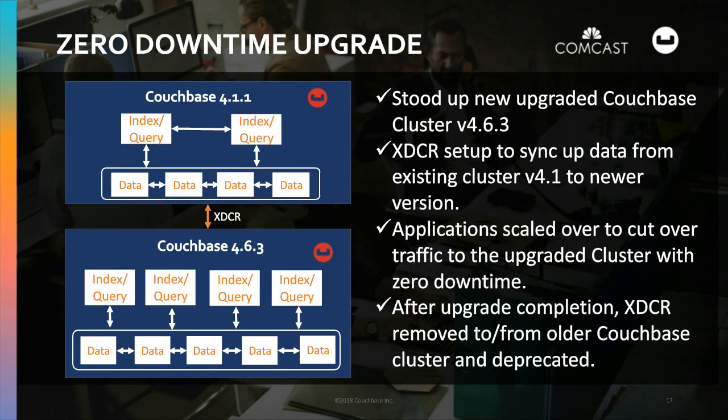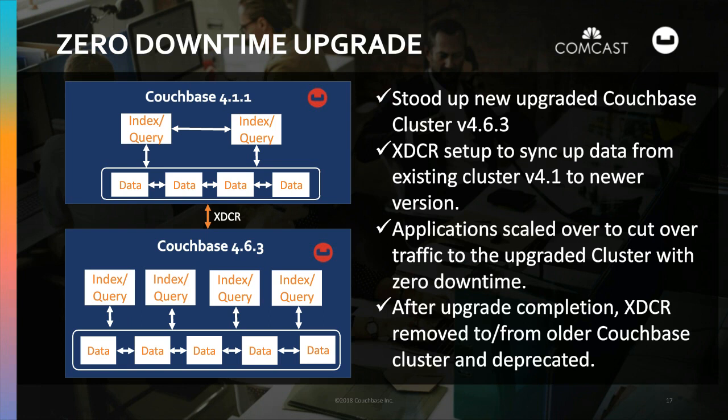Now to show you how we went through an upgrade a little while back, where we upgraded to 4.6.3. The team designed an approach leveraging a bidirectional XDCR setup to achieve a zero downtime goal, since our customer nodes needed to be available 24/7 by 365.